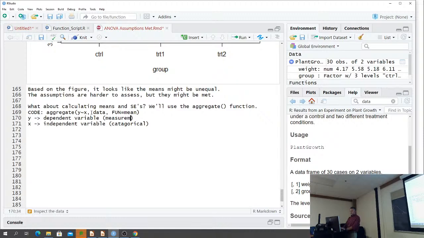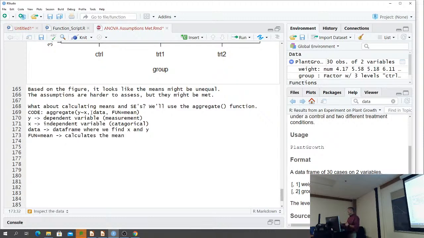The dependent variable is measurement in nature. Data is our data frame where we find x and y, and FUN equals mean tells R to calculate the mean.